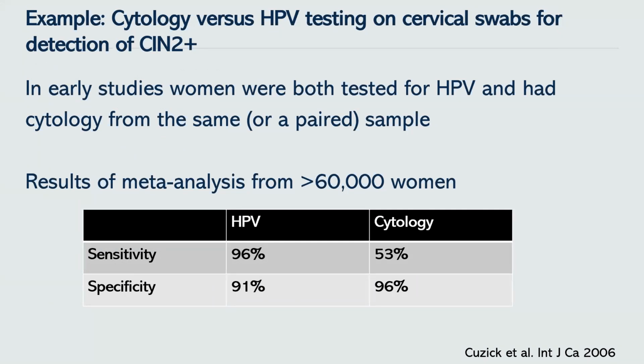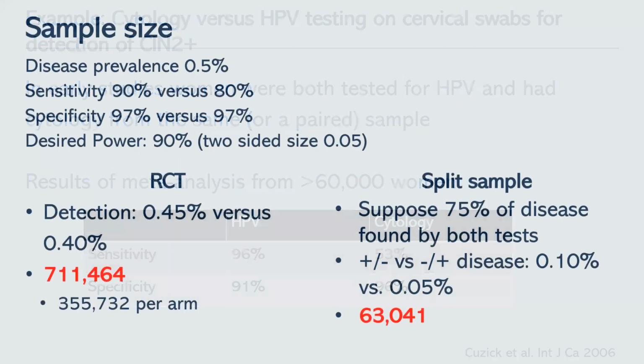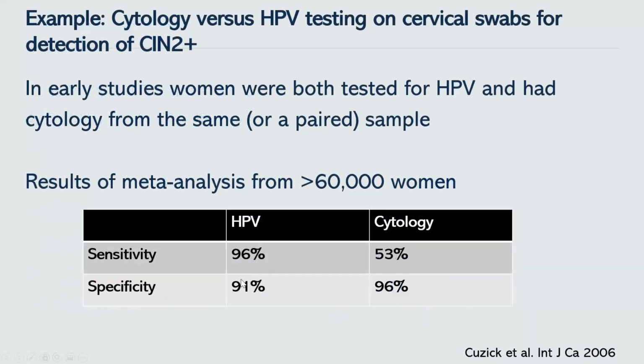And we found very clear results that the HPV test found 96% of the women who had high-grade CIN compared to 53% for cytology. So much better at detecting high-grade CIN, but it came at a price, and that price was that rather than having 4% of women who didn't have high-grade CIN testing positive on cytology, that increased to 9%.